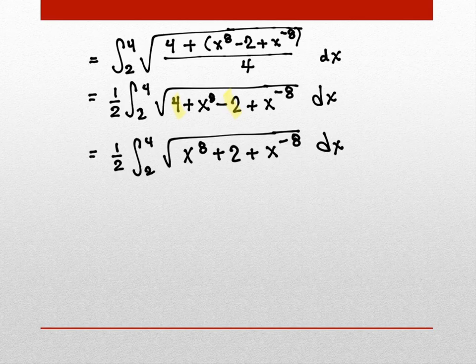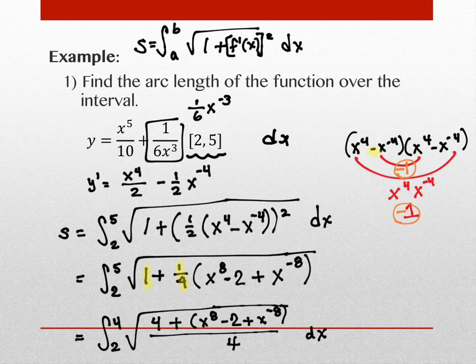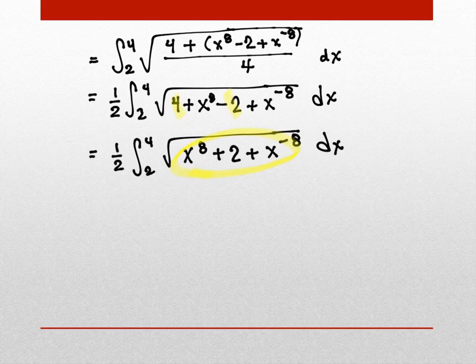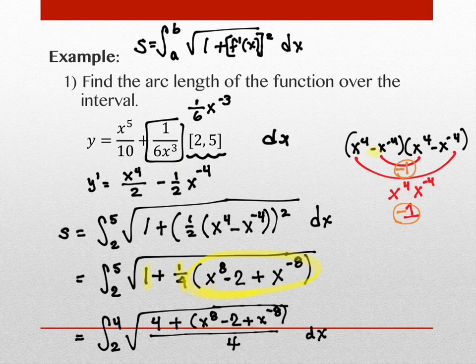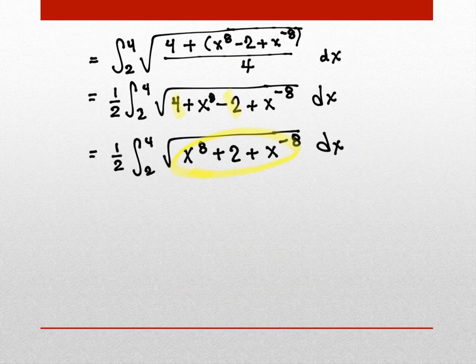In fact, if you take a look at what's underneath the radical and you compare it to what we did over here, I didn't write it all out, but it's actually right here. What do you notice when you compare this one to this one? They're almost the same, right? What's the difference? One's a plus 2 and one's a minus 2.